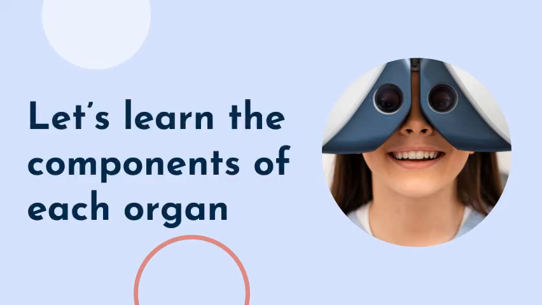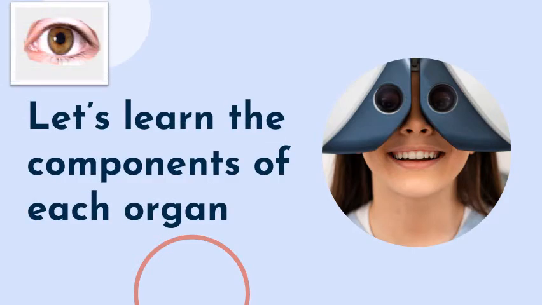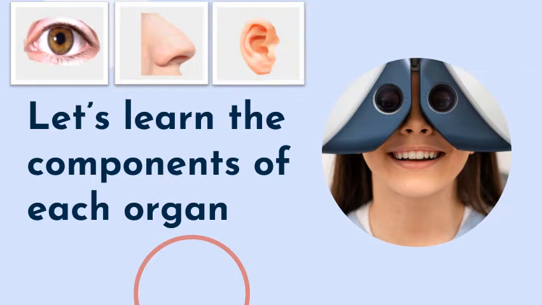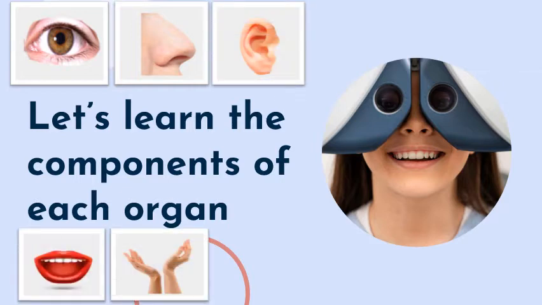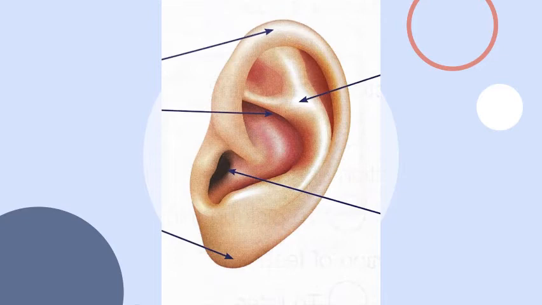Let's learn the components of each organ. We have here eyes, nose, ears, mouth, and hands. Let's see the components of our ears. First, we have helix.